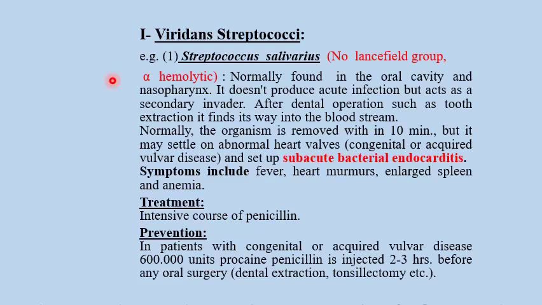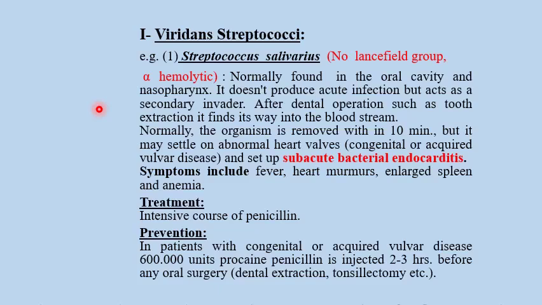When does it turn parasitic and cause problems? After a dental operation such as tooth extraction, it finds its way into the bloodstream. Normally the organism is removed within 10 minutes.